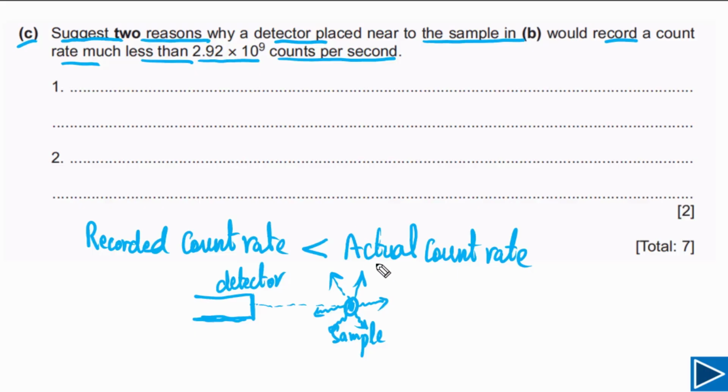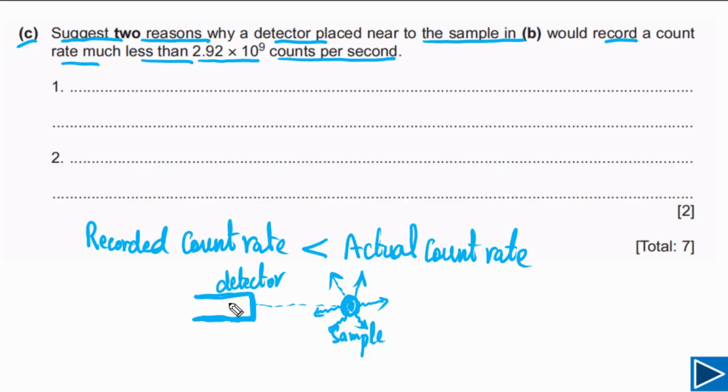And the second reason we can say: as these radiations travel from here to the detector, there is a gap between these two. So some of the radiations will be absorbed by air. That's the reason count rate will be less than activity. And some radiations also will be absorbed by the window of the detector. So this also will cause a decrease in count rate.